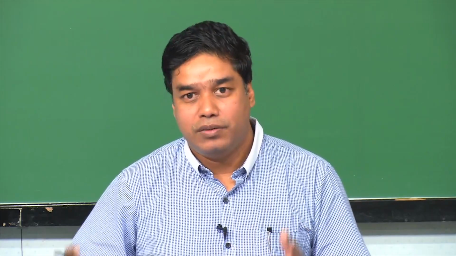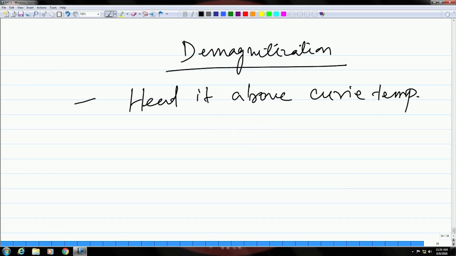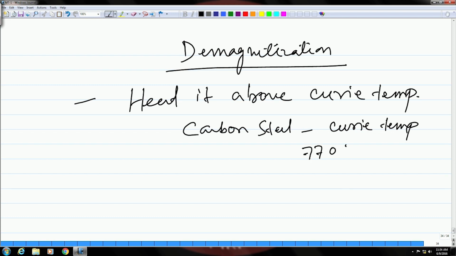Okay. But for this you need to have heating arrangement, furnaces and all that, because this temperature can go high. For example, for carbon steels, this Curie temperature is around 770 degrees Celsius.